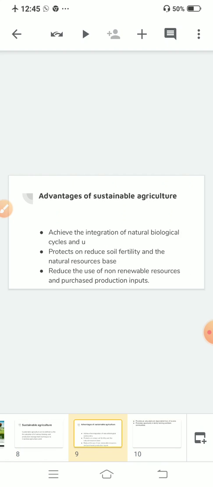Importance: achieve the integration of natural biological cycles, protects and reduces the loss of soil fertility and the natural resources base. Third, reduce the use of non-renewable resources and purchased production inputs. Fourth point is provides a dependable form of income. And the last one, promotes opportunity in family, farming and farm communities.